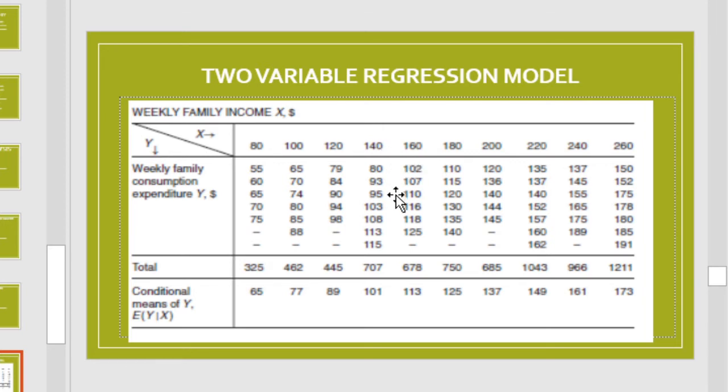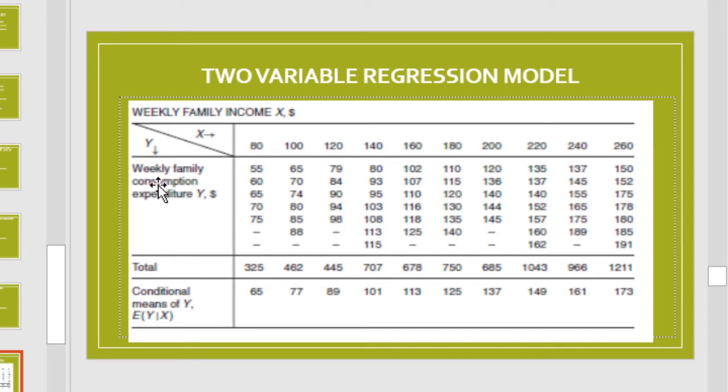Here I have given a table, and in this table we have the family income on one side and family consumption expenditure on the other side. Here X represents the family income of the households and Y represents the consumption expenditure.